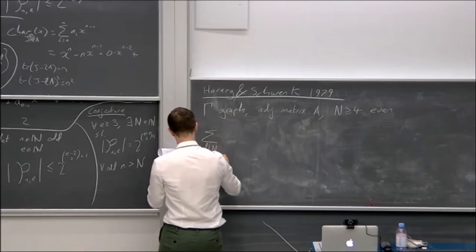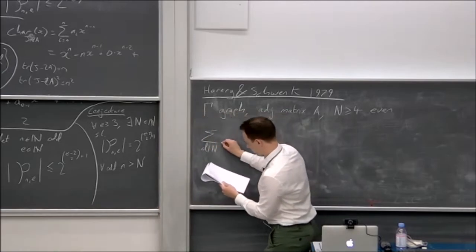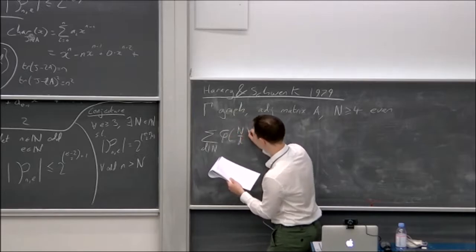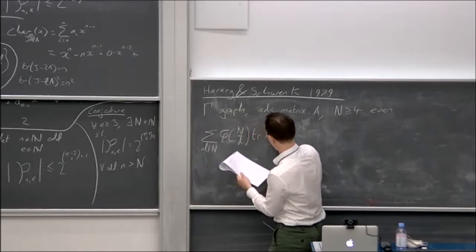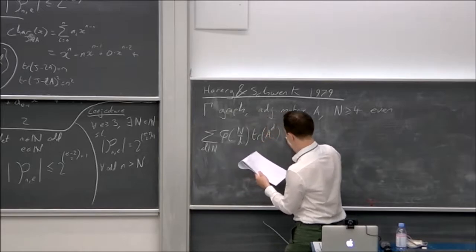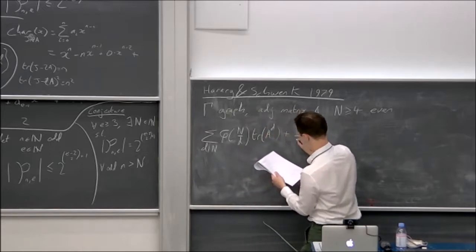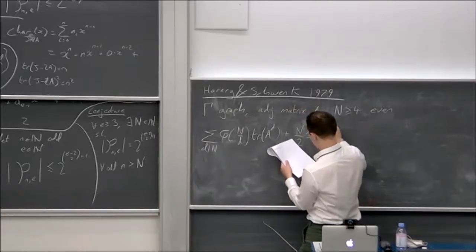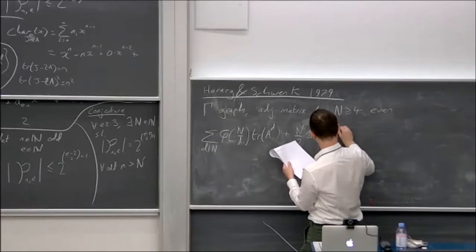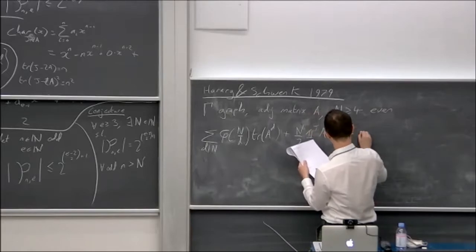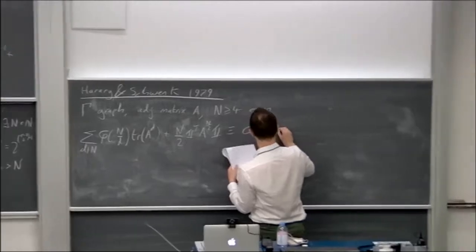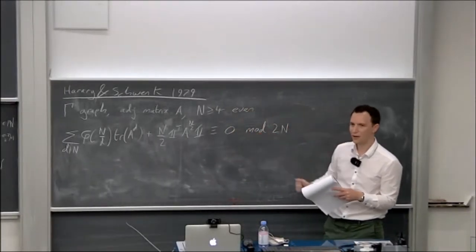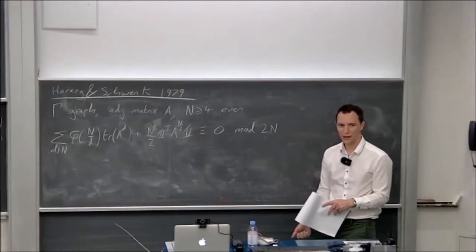The sum over d dividing N of phi(N/d) trace(A^d), plus N/2 times the all ones vector transpose A^(N/2) times the all ones vector, is congruent to 0 modulo 2N.